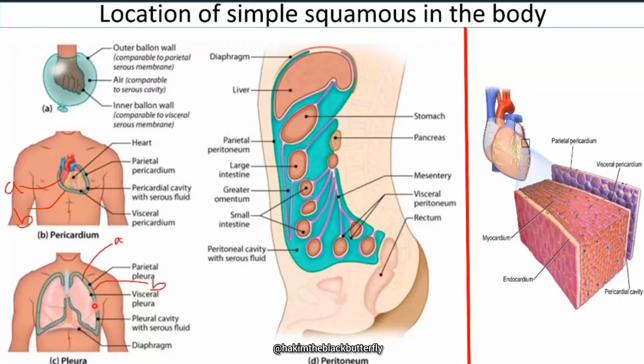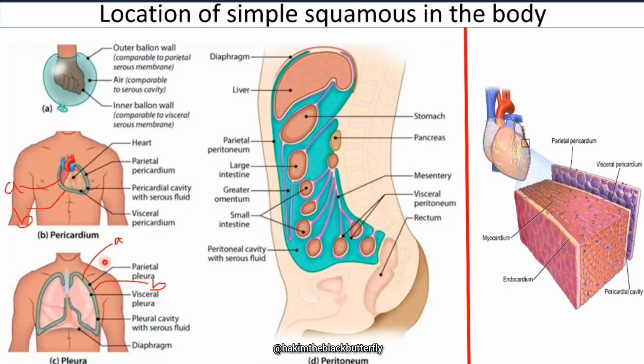Then around the lungs, A will be your visceral pleura. Pleura is the thin layer. It's a term used to mean the layers around the lungs. So A is the visceral pleura. It's called visceral because it is close to the lung. Then parietal is parietal pleura. It's called parietal because it is going to be close to the chest wall.